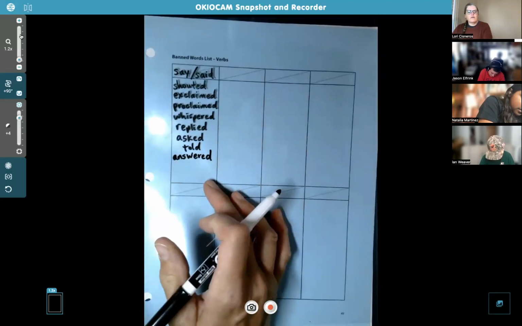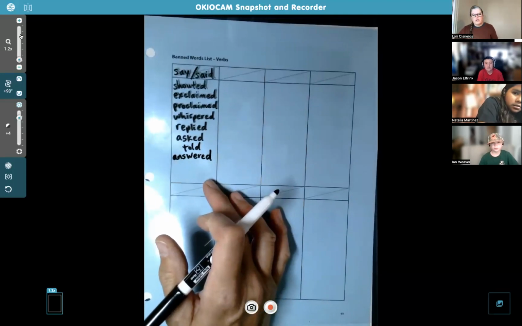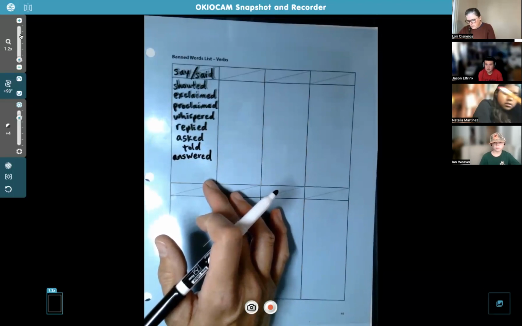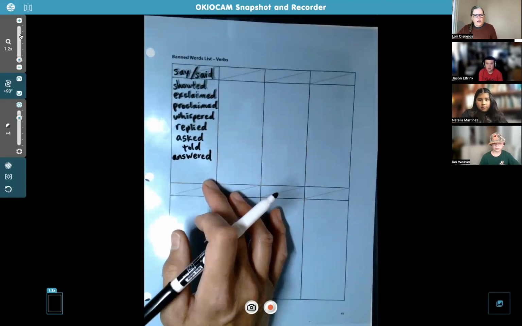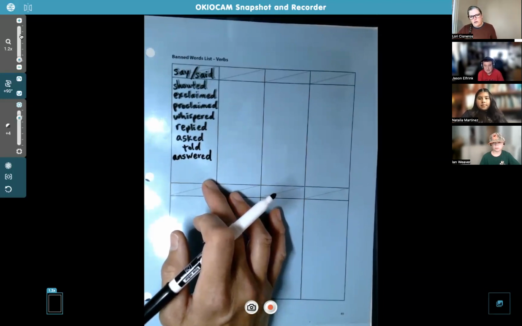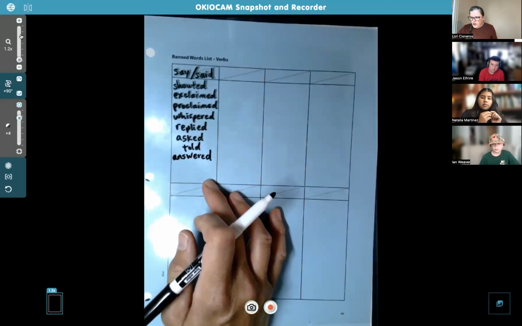Good. Well, we're kind of running out of space here, but just know that there's more than this. It doesn't stop here. So you can either look up thesaurus.com, if your parents are okay with that, and look up another word for say or said, or look in a thesaurus if you have one at home. But these are ideas on what you can use instead of say, said.